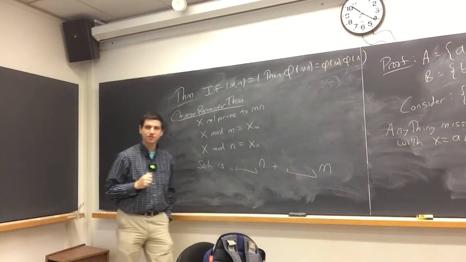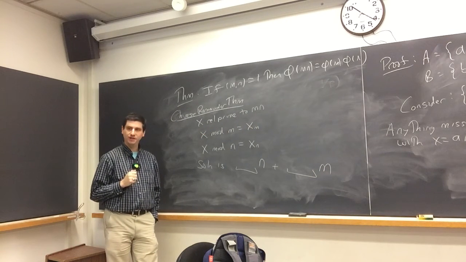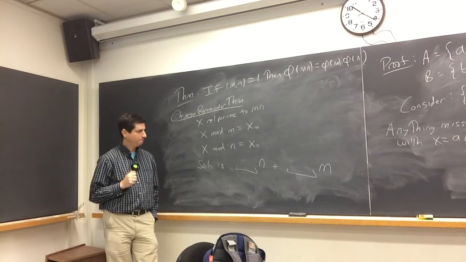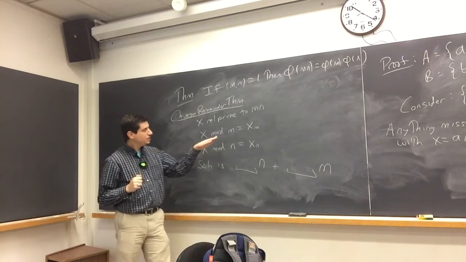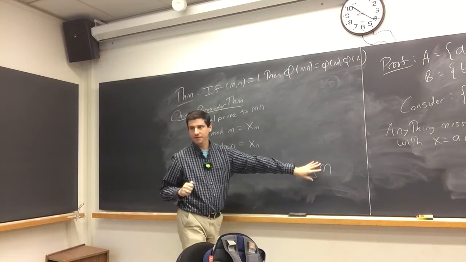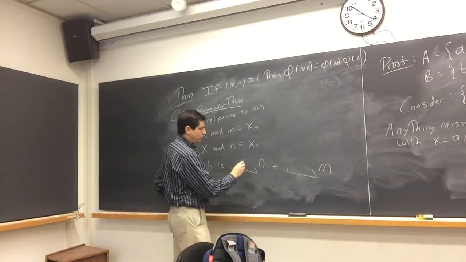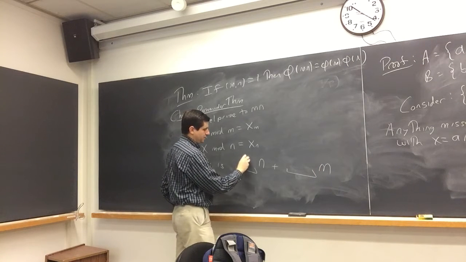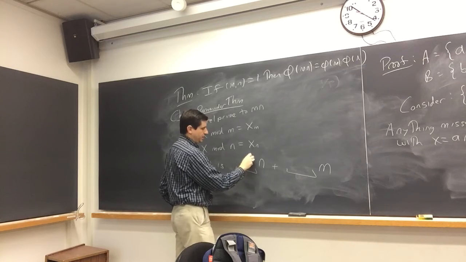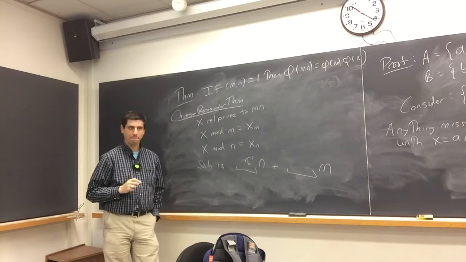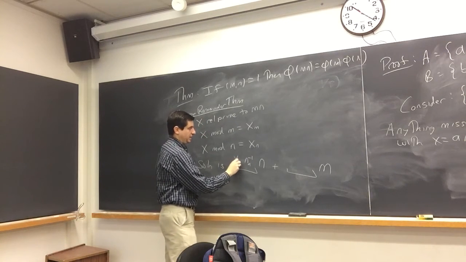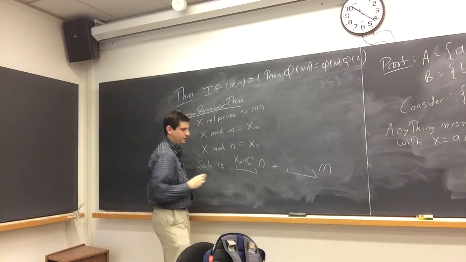Was the Chinese remainder theorem something like this, where we had a coefficient in front of n and a coefficient in front of m? You want one to cancel when you're doing this. So when I look at things mod m, this is going to vanish. So what I could look at is n mod m inverse and put an xm here.